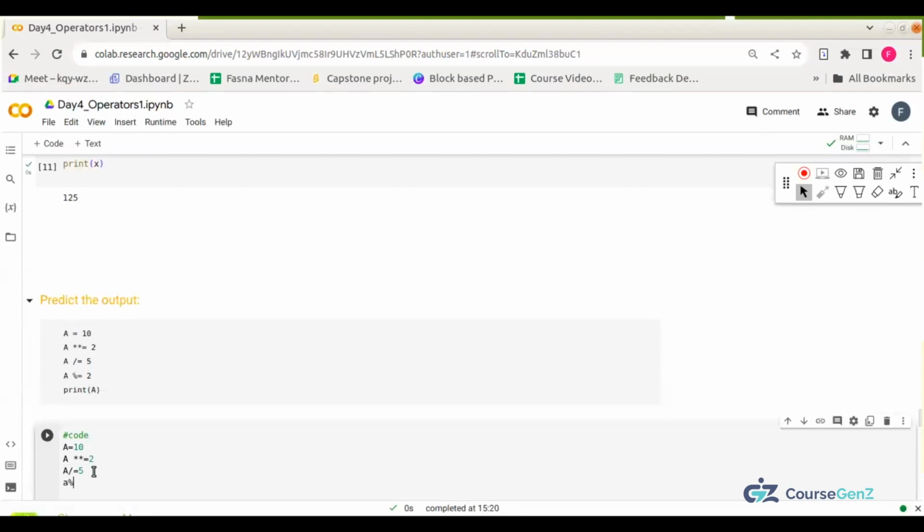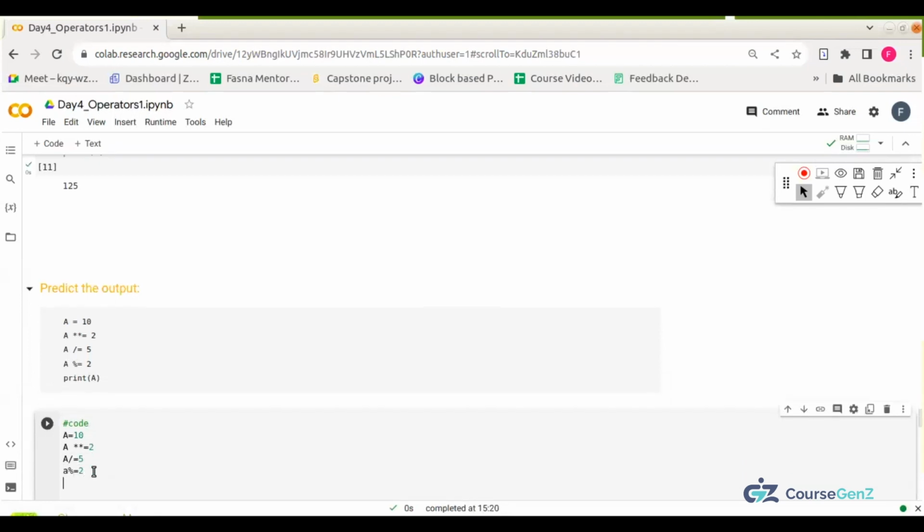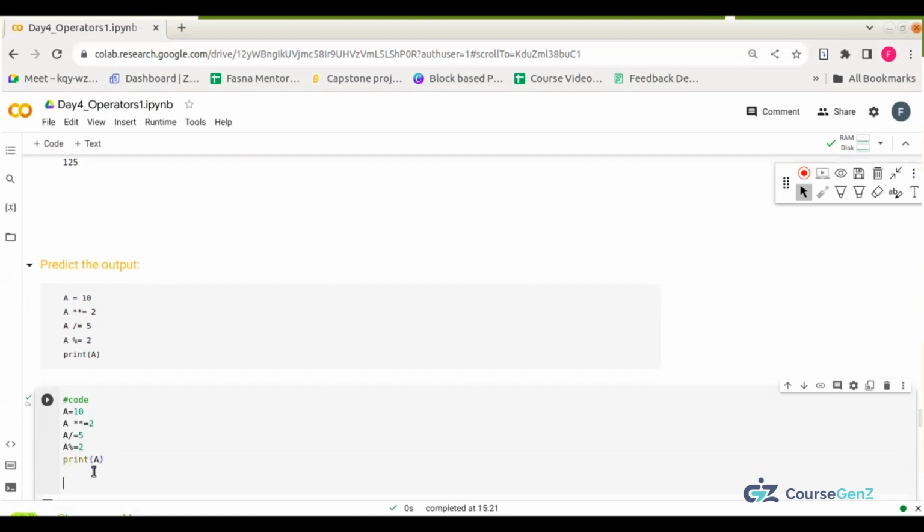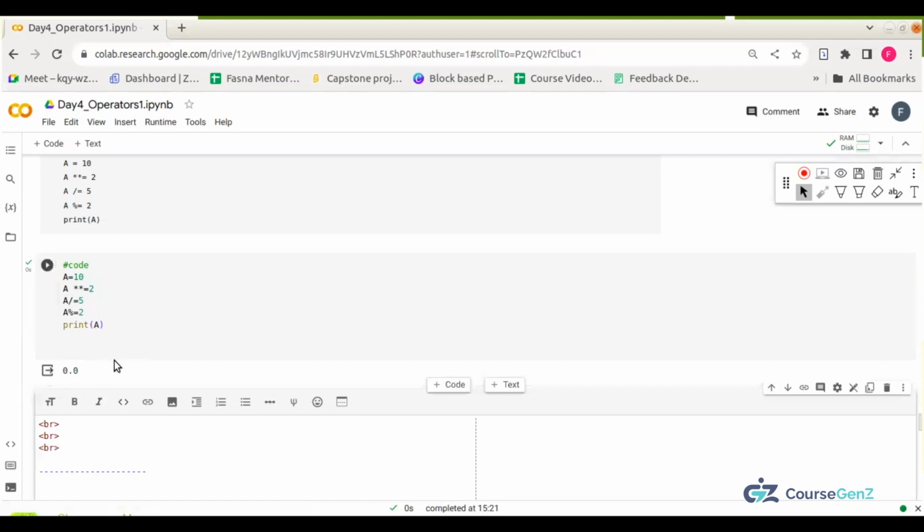A modulus equal to 2. Let's type printing A last. If you want to print in between, you can do that. Okay, you can do the code along with me. It's 0. You are right. Your answer is correct. Okay.